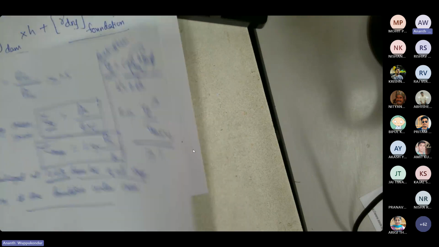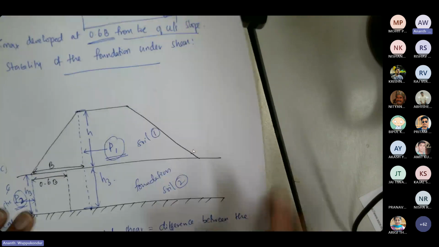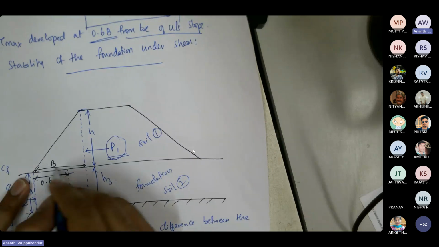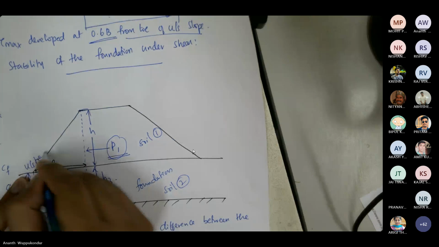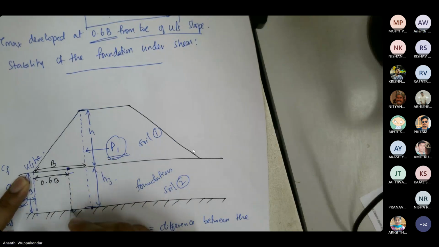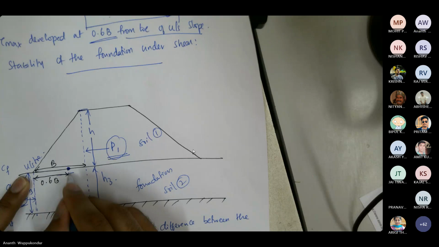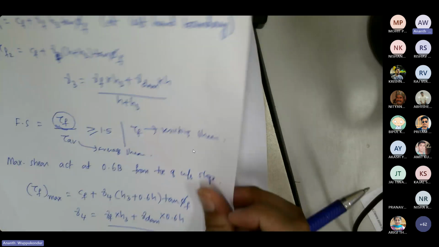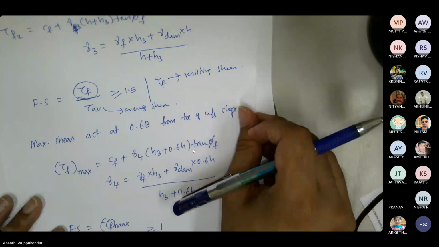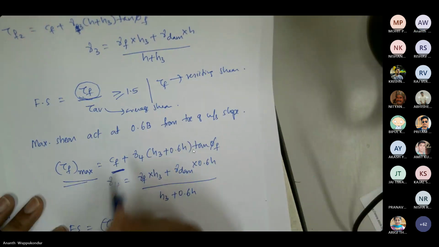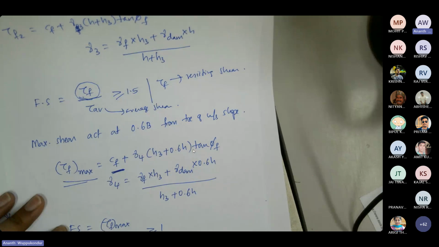Again, the maximum shear is going to act at a section which is 0.6 times the width from the upstream toe. So the maximum shear stress is going to be at this point. At this point, we need to calculate the maximum shear stress, which is again a function of the unit cohesion of the soil and the depth of the soil multiplied by the unit weight.